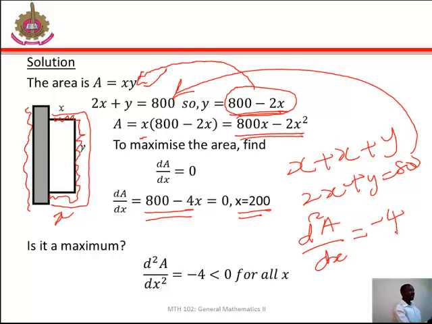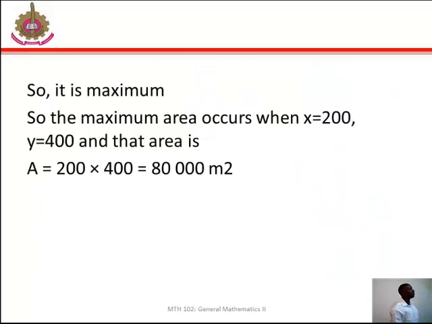Like in the previous example that we did, we check whether it is less than 0. So we have -4 to be less than 0 for all x. So from there we can say our answer is maximum. So from here our y is going to be 400 and our x will be 200 and the total area will be 80,000 meters squared.